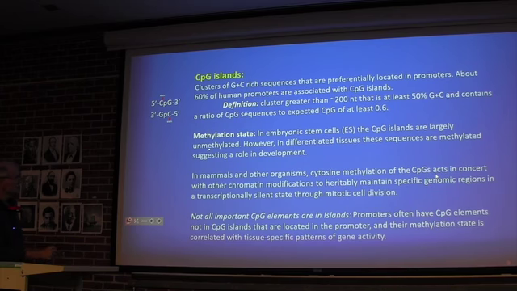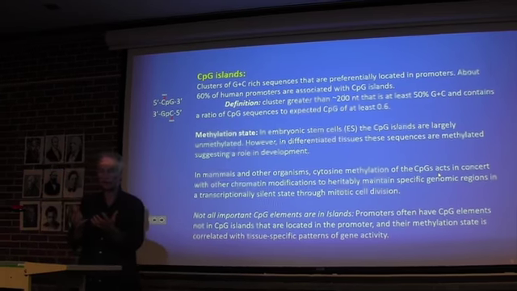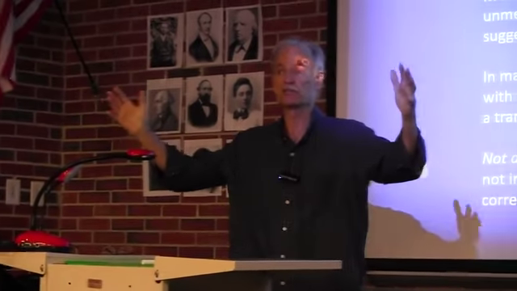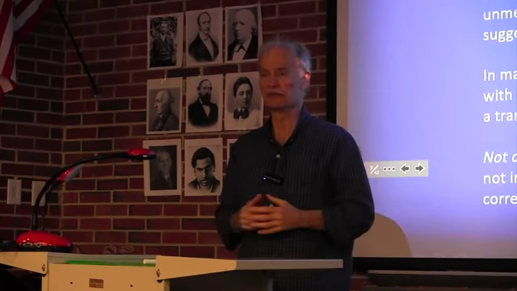Embryonic cells are largely unmethylated, and then as you go through development, you begin to shut down whole regions of the genome. So this is one aspect of epigenetics that I think I've talked about before. We have enough genes to make 100 different tissues and cell types.